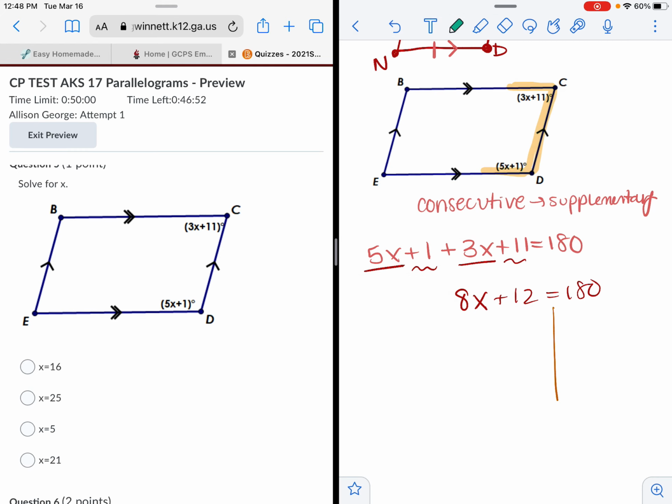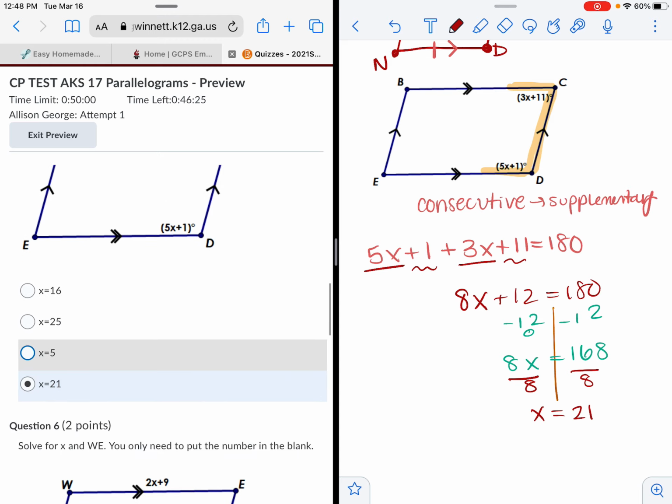The first thing I'm going to do is subtract 12 from both sides. So over here we bring down the 8x. 12 minus 12 is 0. And 180 minus 12 is 168. Next thing I would do is divide both sides by 8. And we get x equals 21.